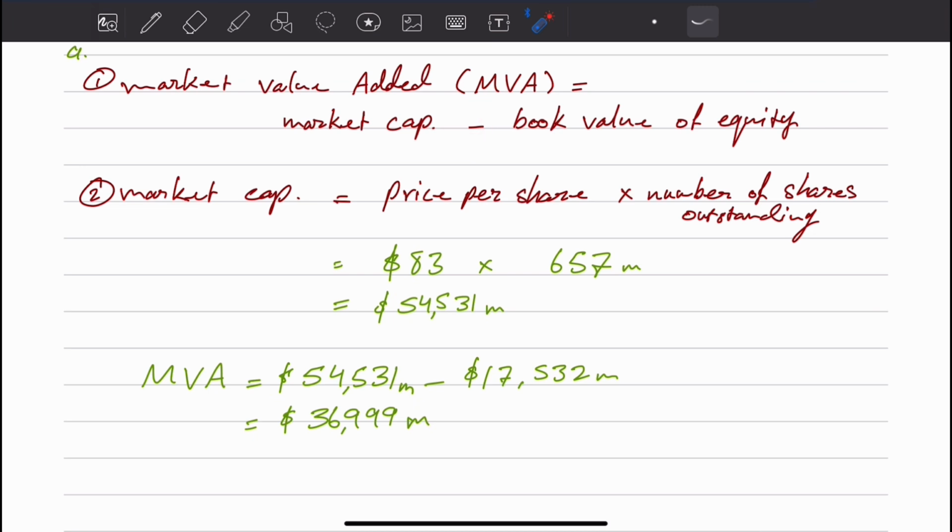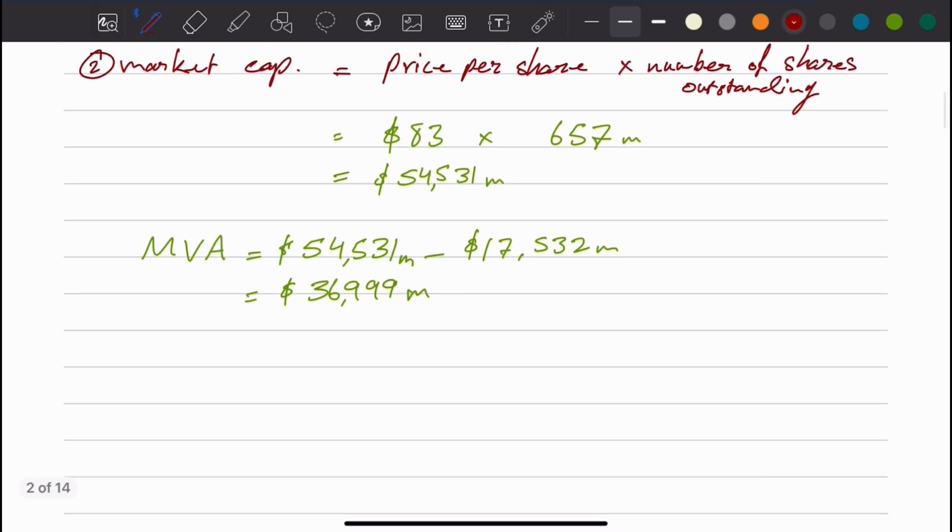So instead of a subtraction, it's going to be a division. So we'll have the market capitalization at the top, and then in the denominator, we're going to use the book value of equity. So let's write the formula down first. Part B, market to book ratio.